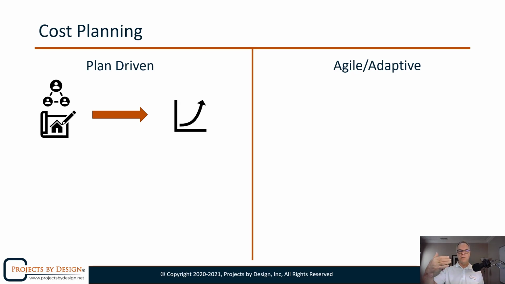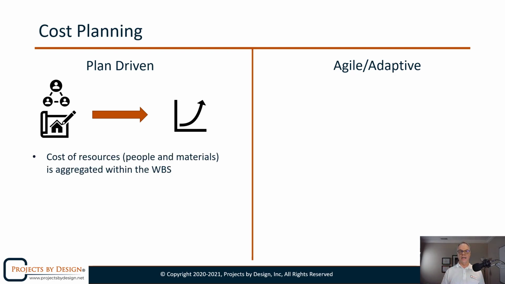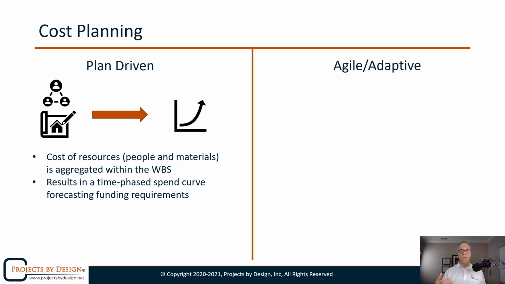as we mentioned, to each activity, which, because each activity has a start and finish date, allows us to show spend over time. So we're going to aggregate all of this up through our work breakdown structure, people and materials, which allows us to produce a time-phased spend curve, and that's going to forecast funding requirements.